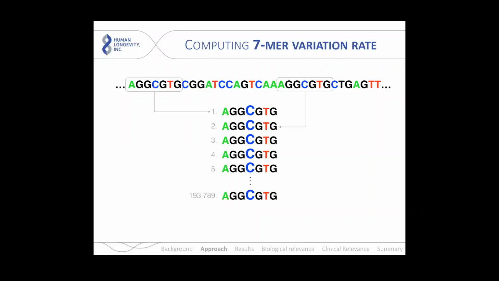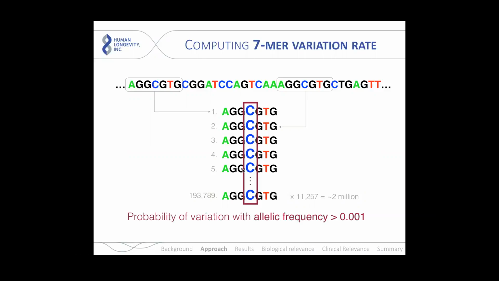In this given example, this octamer occurred almost 200,000 times in the genome. Then for each one of those occurrences, we have the information from more than 11,000 whole genome sequences. So we have a total of around 2 million data points to estimate the variation rate for this given example.